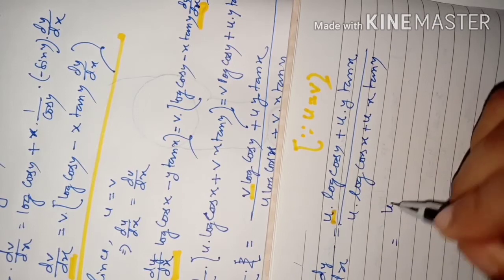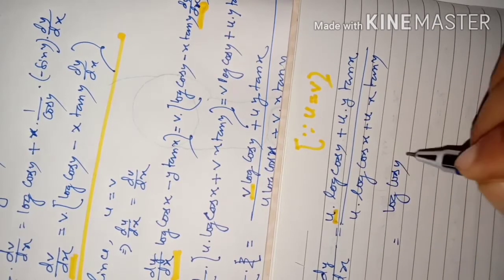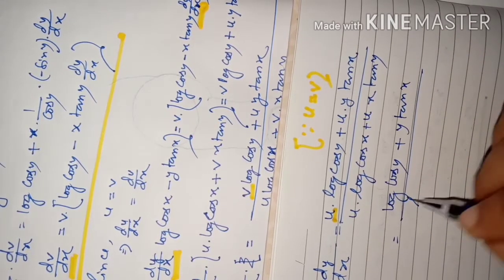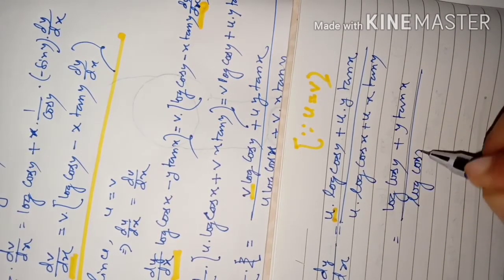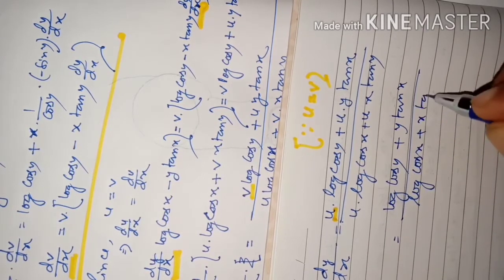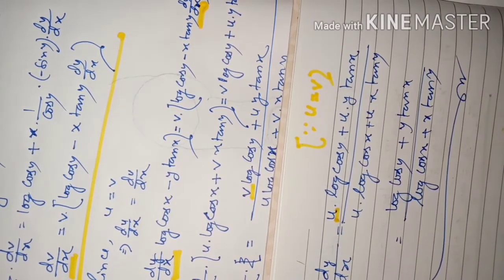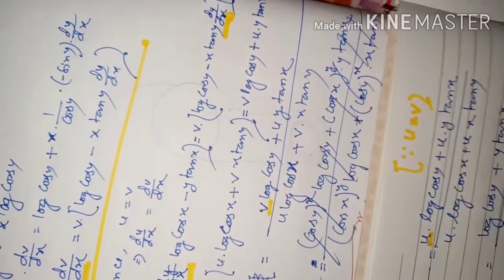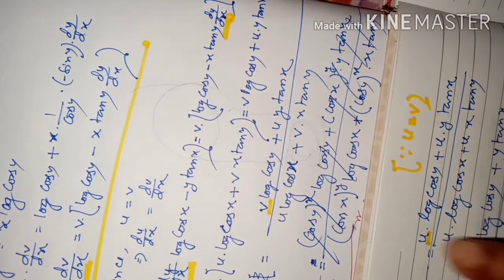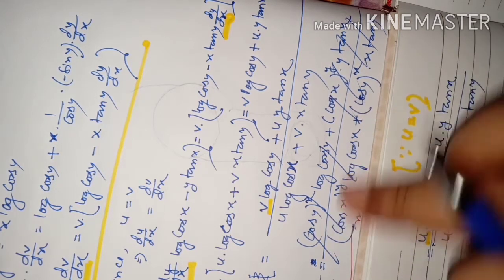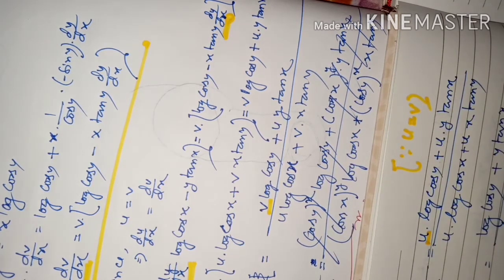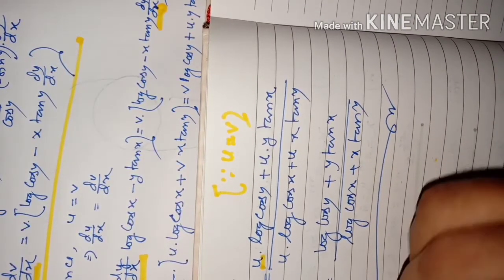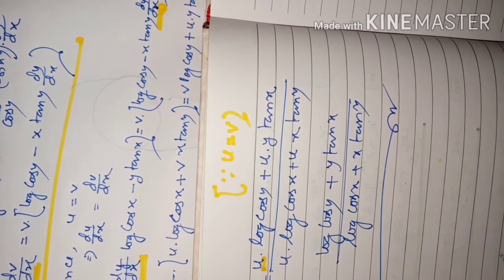You can write log cos y plus y tan x divided by log cos x plus x tan y. This way also you can keep the answer. This is our final answer. Okay, students? Previously what I wrote, that is also correct. Okay? But if you think that you want to remove this, you can remove this way. Okay, students? And you'll keep the final line this way. dy by dx is equal to. Okay?